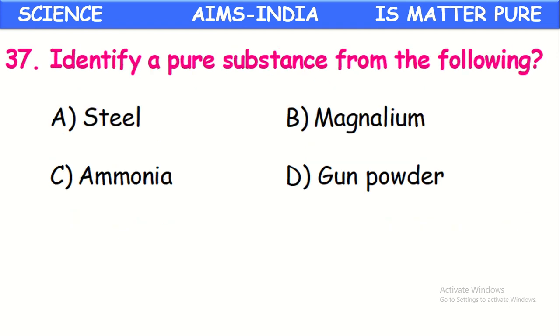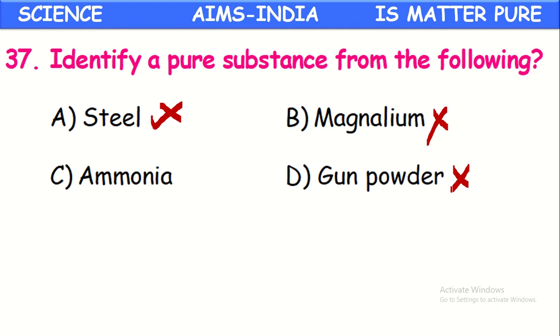Next one. Identify a pure substance from the following. Say which is the pure substance among these all. Steel is a mixture of two or more solids. Magnalium is one of the alloys of magnesium and aluminium. So it is a mixture.